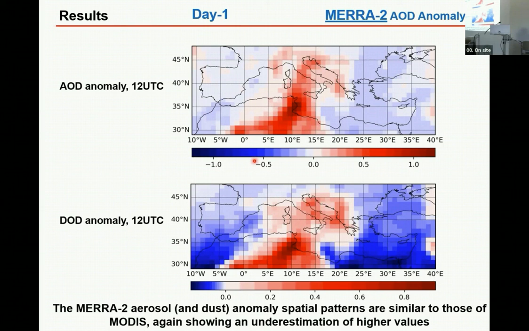Again, we have similarities with the anomaly distributions from MODIS data, but again we can see the lower values, which reaches 1.2.